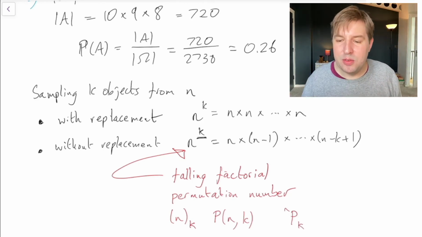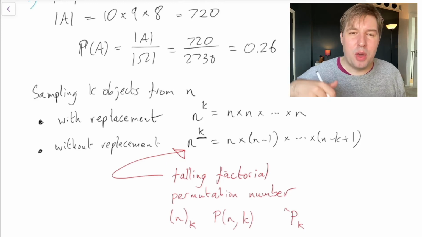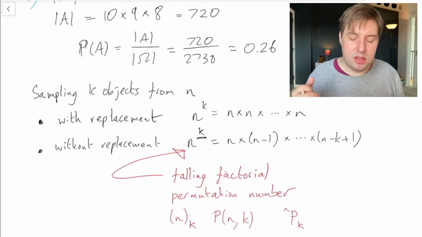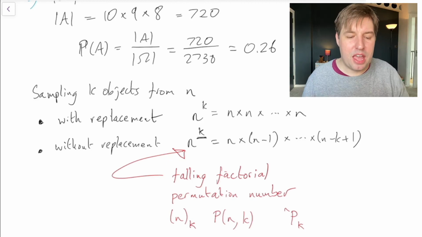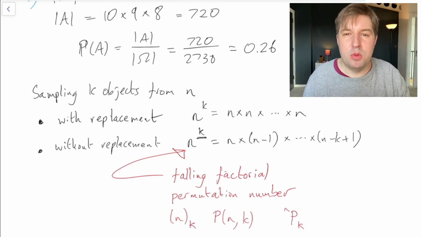Those are other formulas you might see. But this is the difference between whether we're sampling objects with replacement, in which case it's n times n, or sampling without replacement, in which case we get this falling factorial where each number is smaller. We denote that n to the k underline. And that will be an important idea when we're counting up objects to find a classical probability.